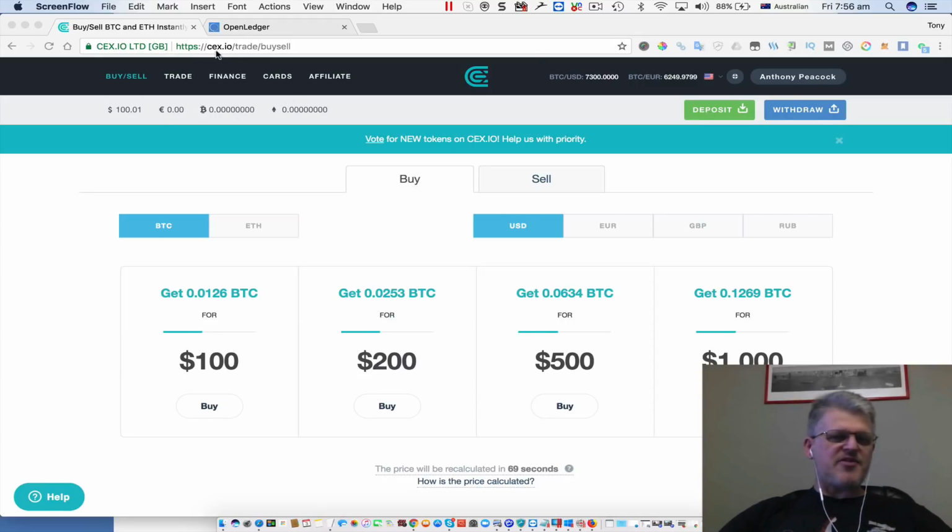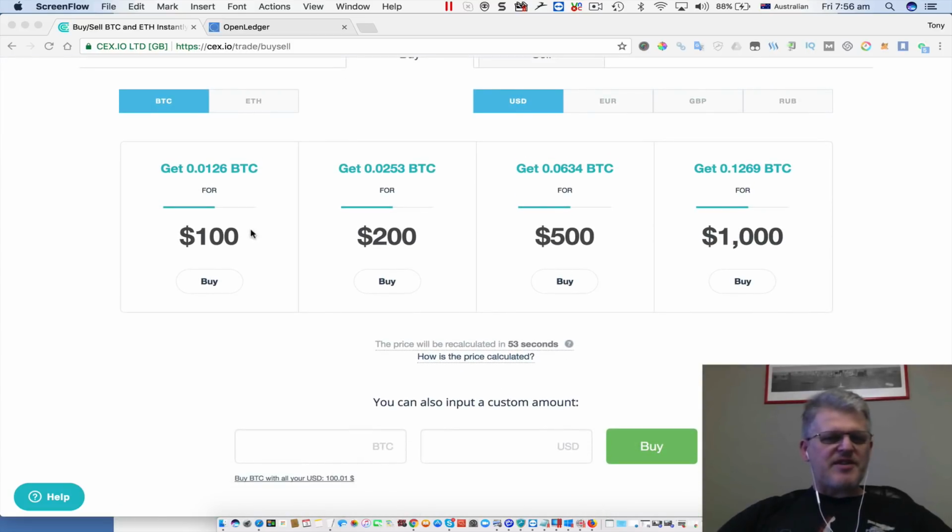Obviously, you would go through setting up your card, your bank account, and so on. And then you're going to deposit some money. When you've got your deposit, you'll see this here, and then you can buy $100 worth of Bitcoin, 200, 500, or 1,000. And of course, in this video, I've got 100.